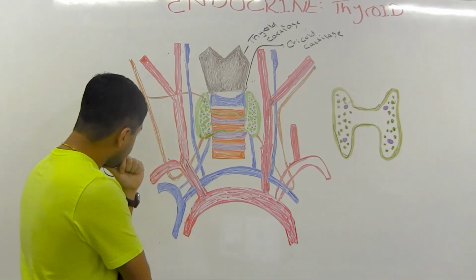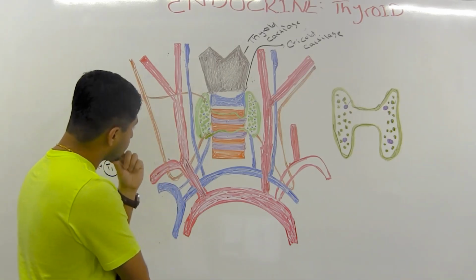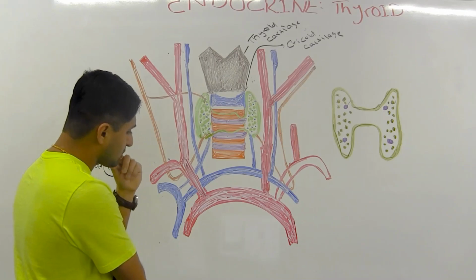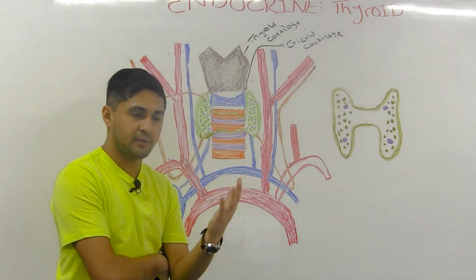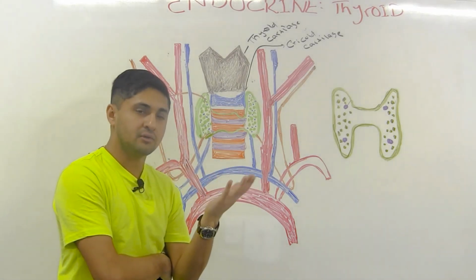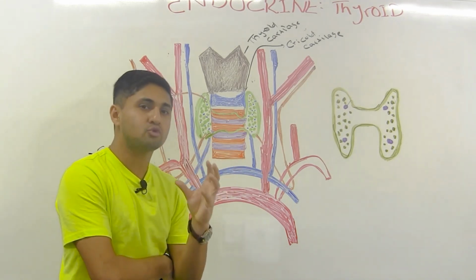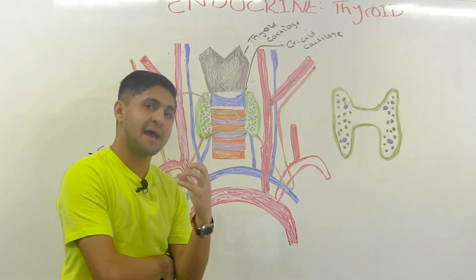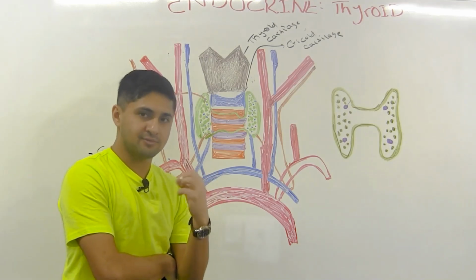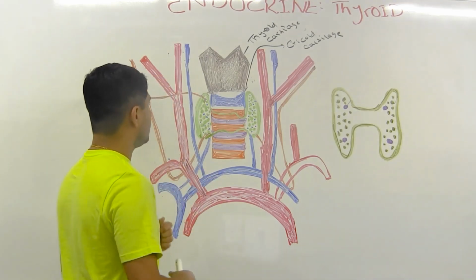Also, you should know the weight of the thyroid gland. Normally it's about 20-25 grams. It can vary from person to person, but that's an average.